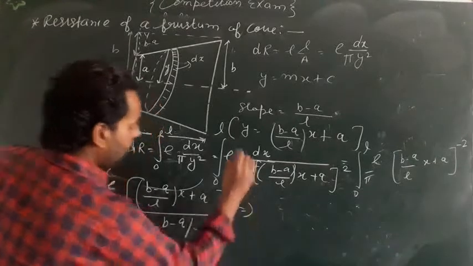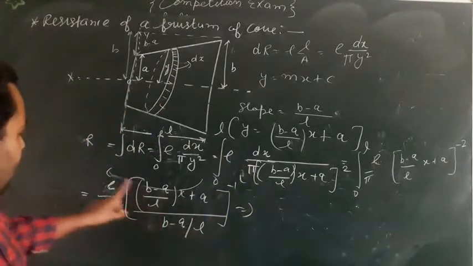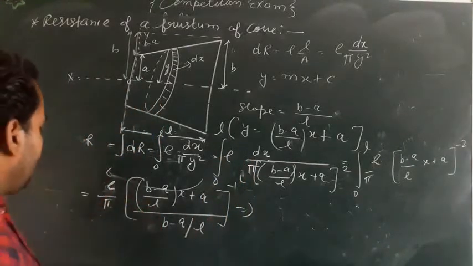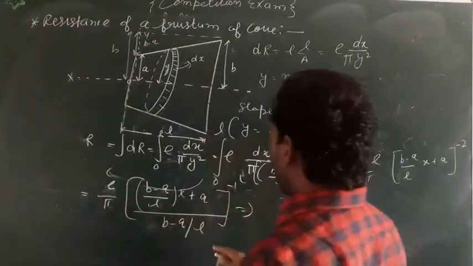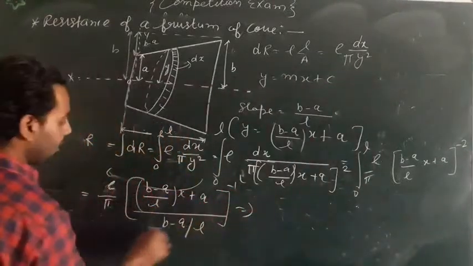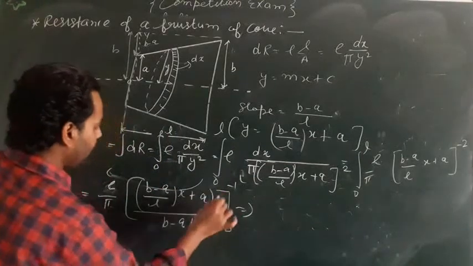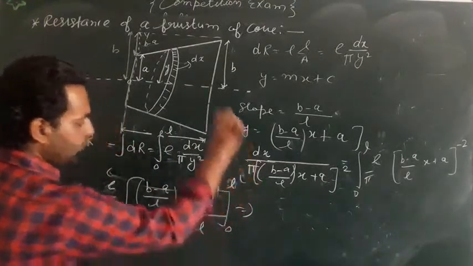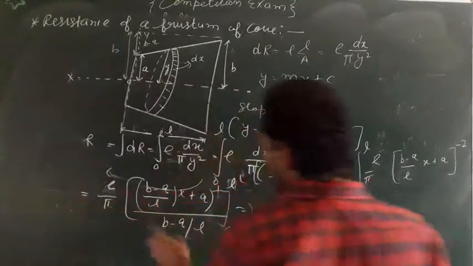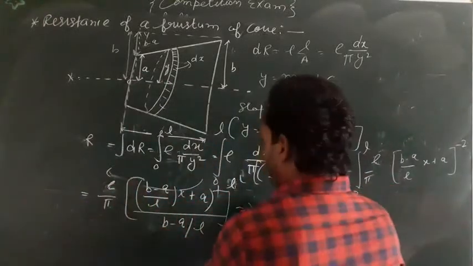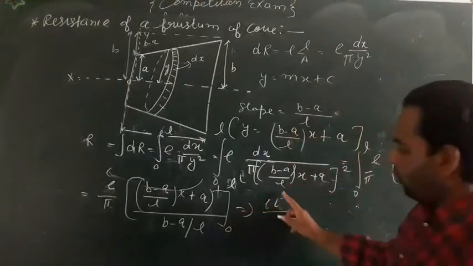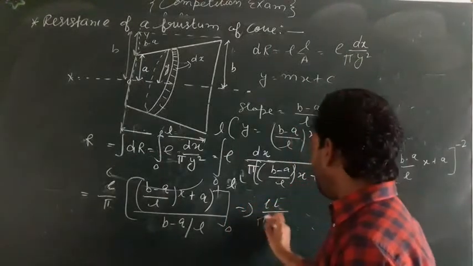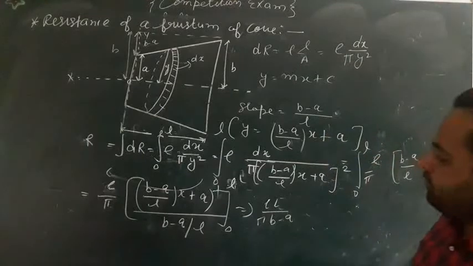So in the next step, L came upside and b minus a downside, or we will take this whole term outside. It is integrated from 0 to L. So this whole term will take outside, so it became rho L divided by pi b minus a.